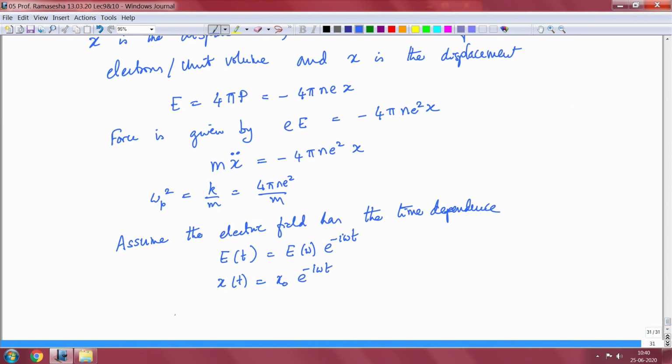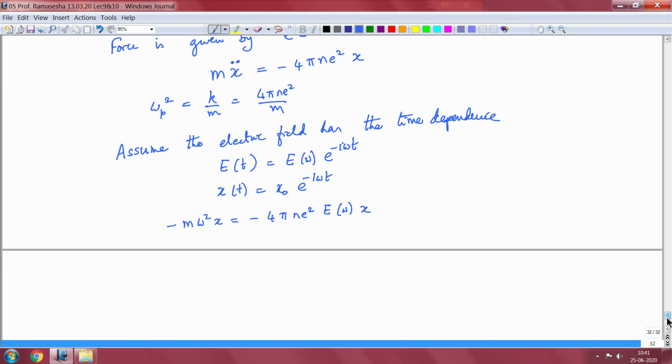We get minus m omega squared x is equal to minus 4 pi n e squared times E omega times x.